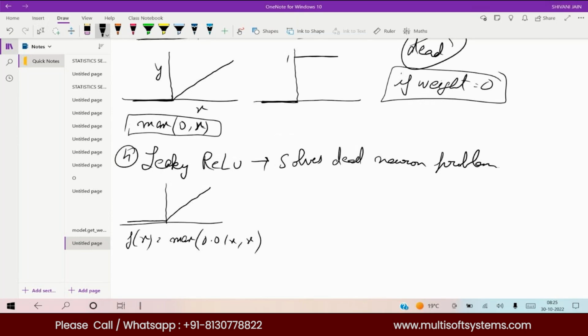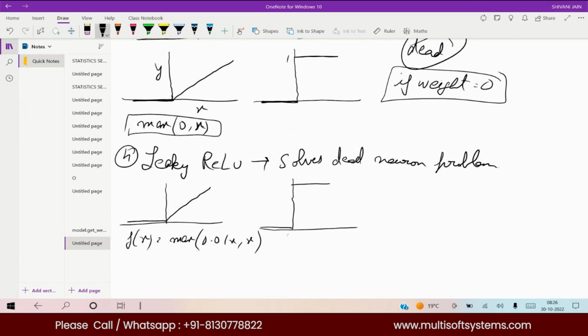Earlier I was making it 0, but in this case, for negative, it will be 0.01 into x. And if I want to see the derivative, it will be slightly above 0. It is not exactly 0, it is more than 0. So this solves the dead neuron problem.